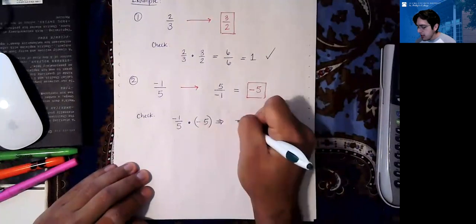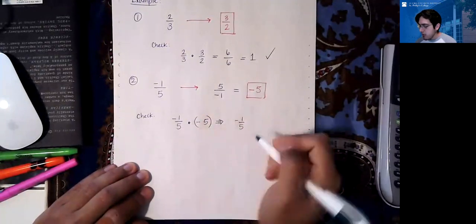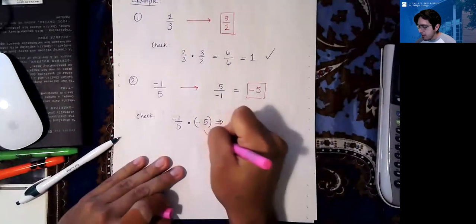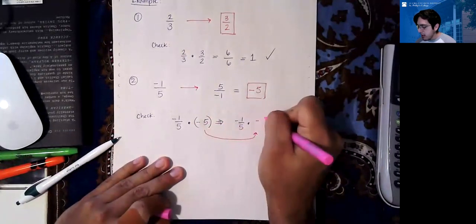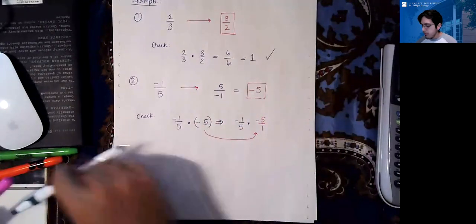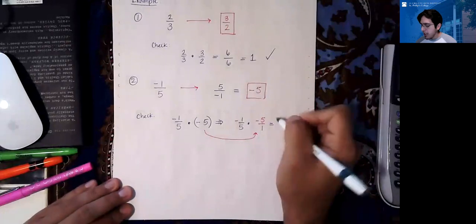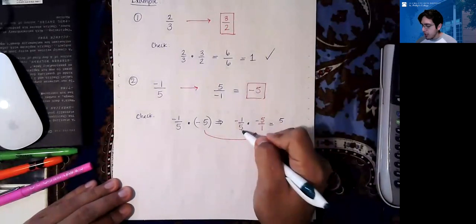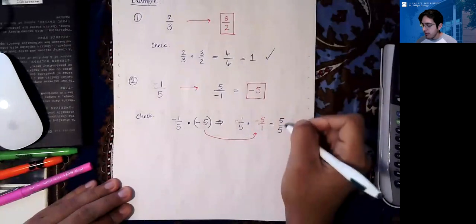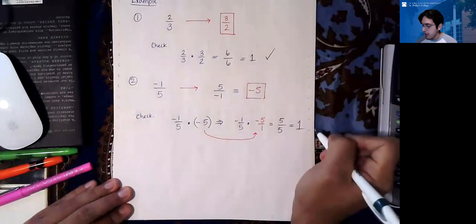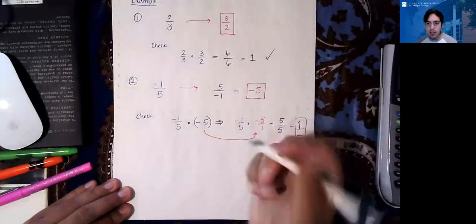So I could call this -1 over 5, that's the first fraction, times -5 over 1. Now if I multiply, I get a negative times a negative, which is a +5, and 5 times 1, which is another +5, and 5 over 5 is just 1. So that checked out as well.